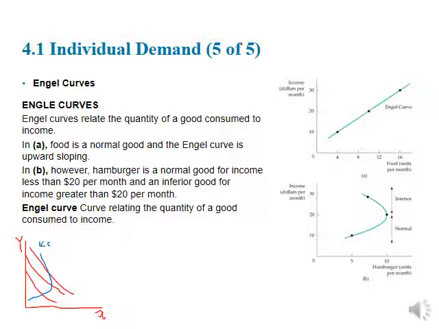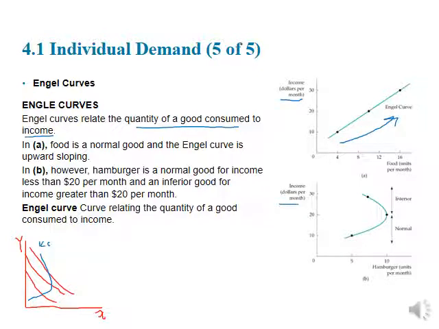An Engel curve translates that income consumption curve to relate the quantity of a good consumed to its income, but rather than the amount consumed of the second good on the vertical axis, we have income on the vertical axis. And for a normal good, an Engel curve is just upward sloping.